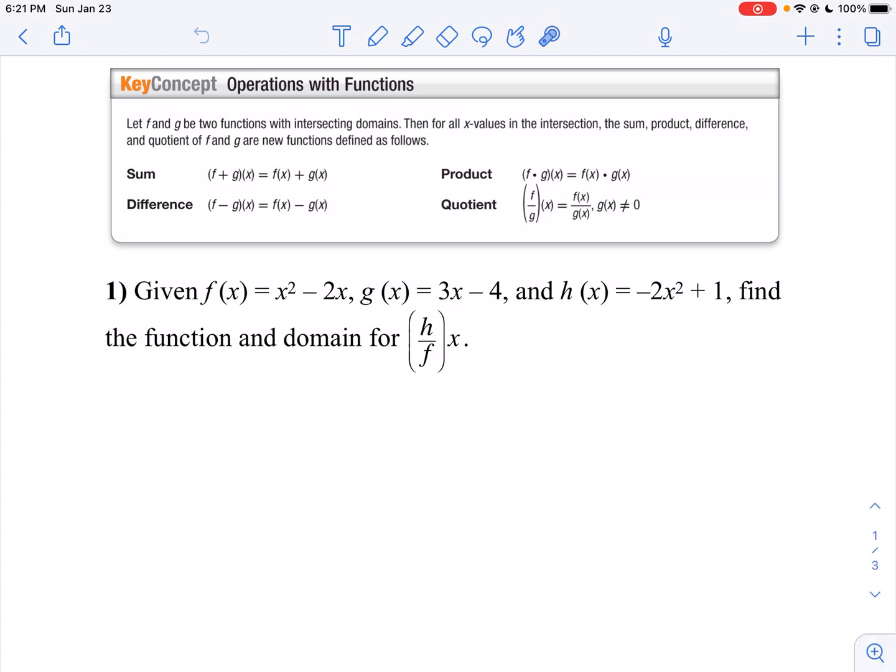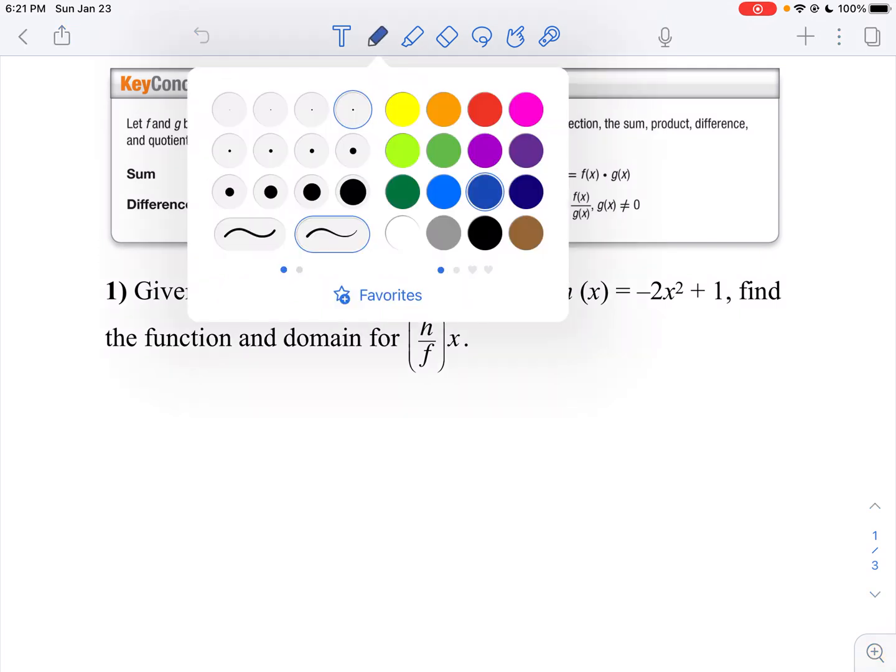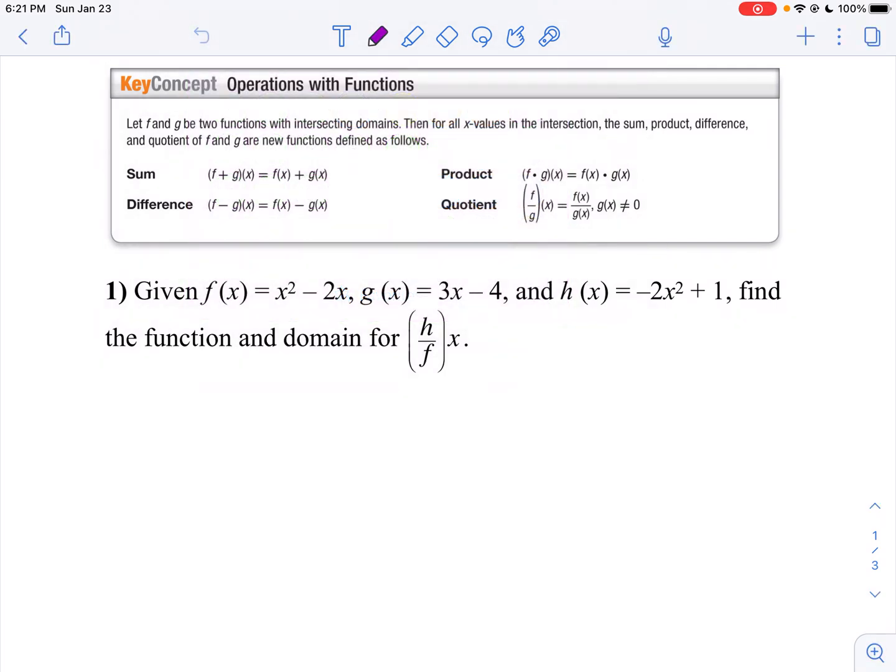So if I take a look at example 1 here, I'm given f of x, g of x, and h of x. I want to find the function h divided by f of x. So let's take h and divide it by f. So h is negative 2x squared plus 1.